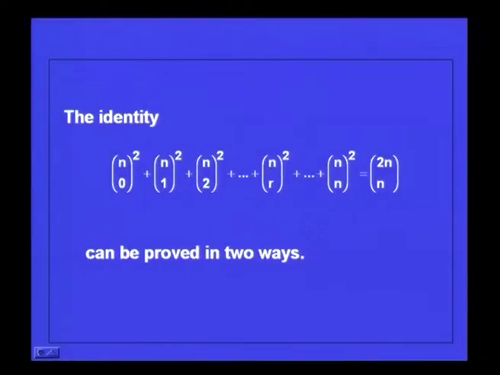Now, look at this. This is an identity. How can you prove this identity? nC0 squared plus nC1 squared plus nC2 squared, etc., plus nCn squared is equal to 2nCn. This can be proved in two ways. Let us see how we can prove this.